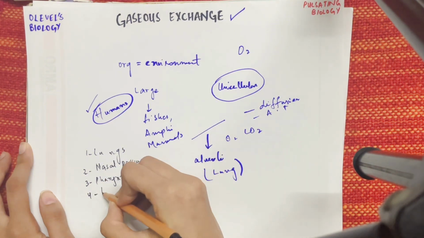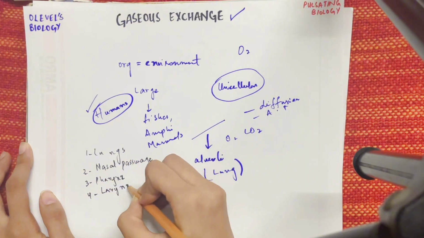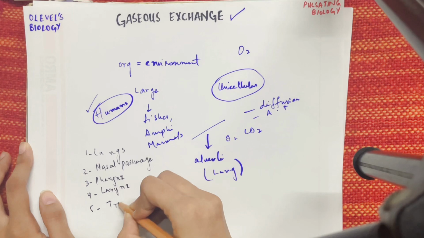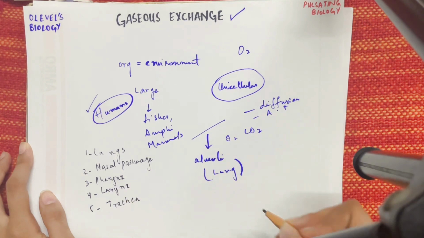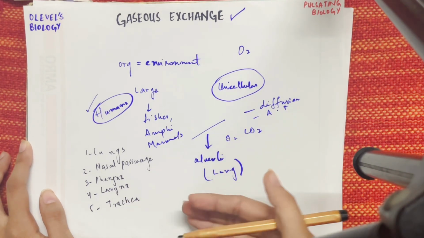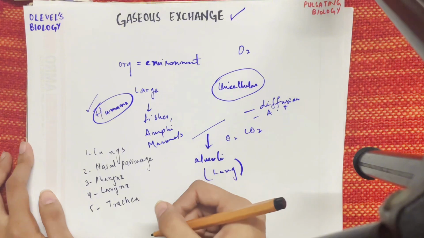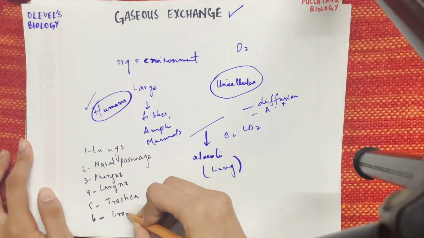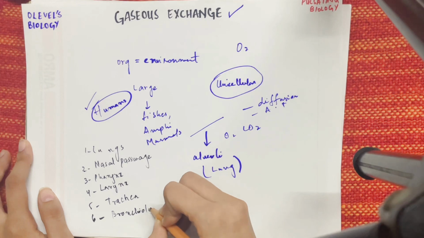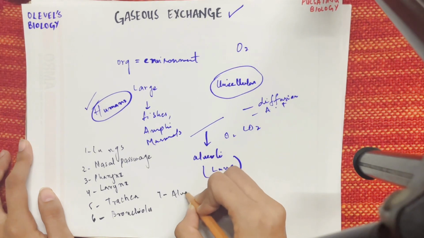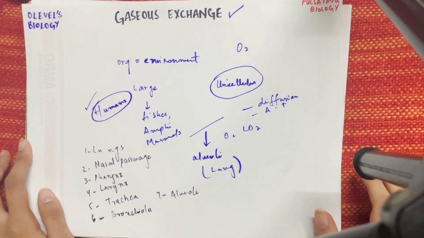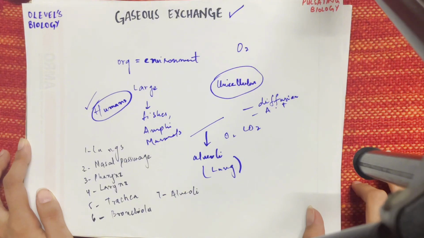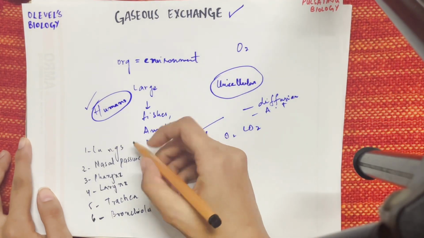Then we have the larynx. Then we have the trachea. The trachea is just like the esophagus, but the esophagus is a food pipe, whereas the trachea is a windpipe. Then we have the bronchioles. We have ribs also, and alveoli. We're going to talk about them one by one further, but these are the basic organs involved, and the lungs are the major one.